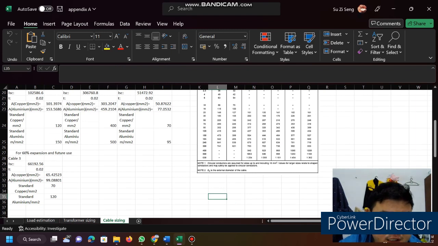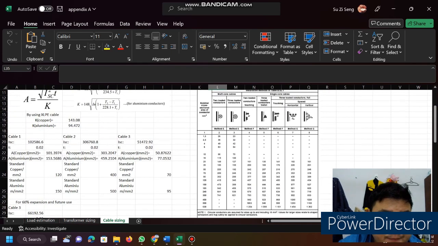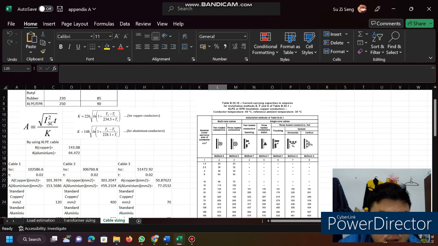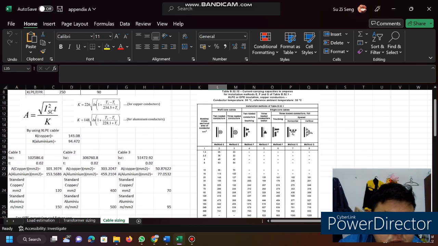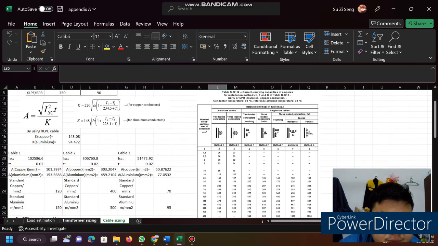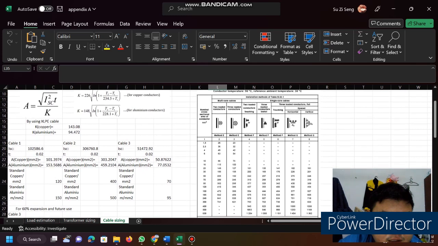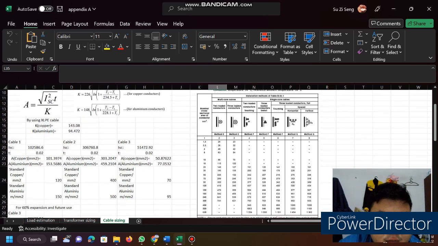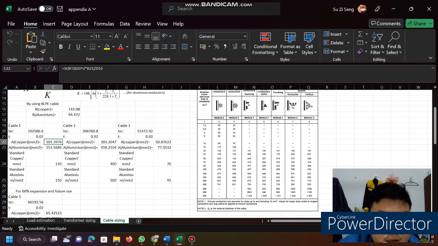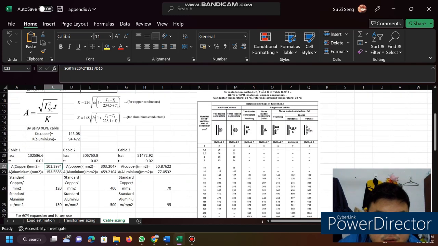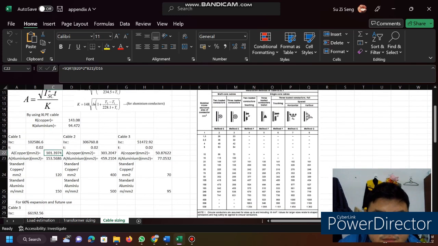Let me show the cable sizing calculation. First we calculate K for each of copper and aluminium, which we get from the previous step. We calculate the area using the formula, calculate both, and then we can refer to which one is suitable, copper or aluminium.